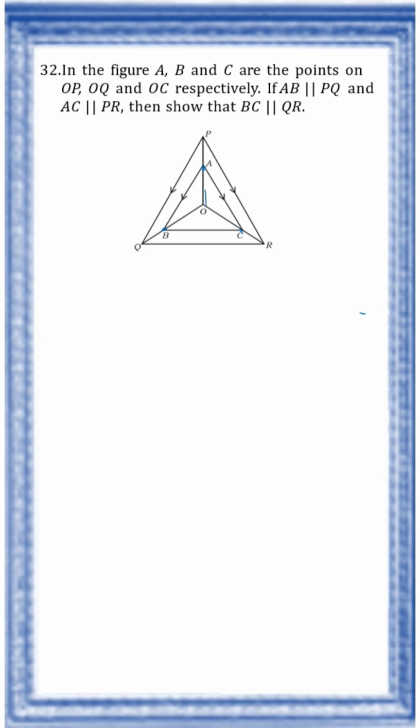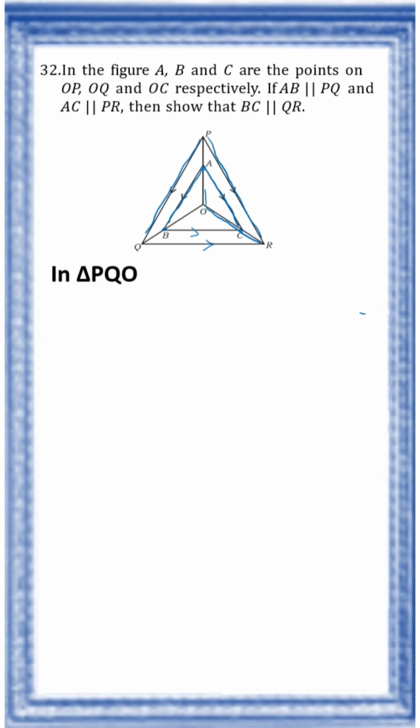This is this one, this one. And AB is parallel to PQ. These are all given. This is parallel to this one. Now we have to prove that BC is parallel to QR.